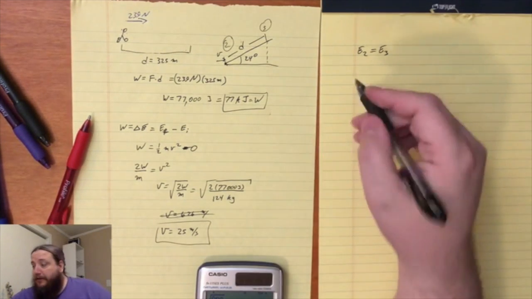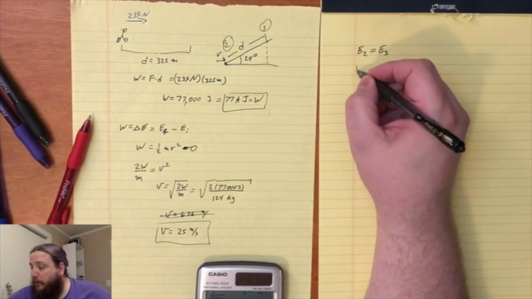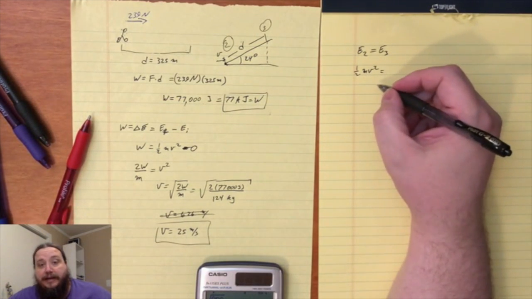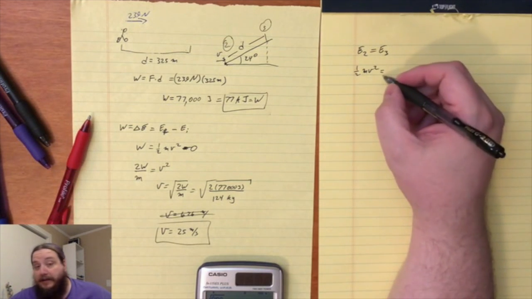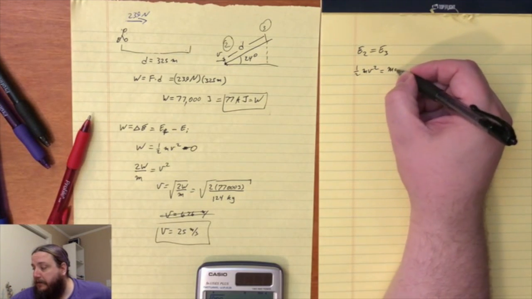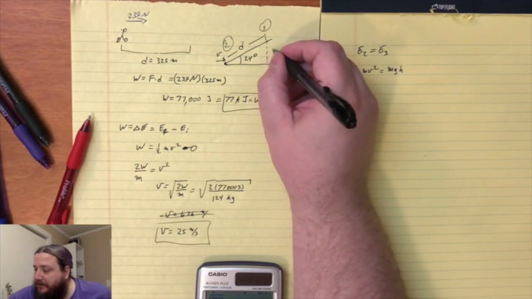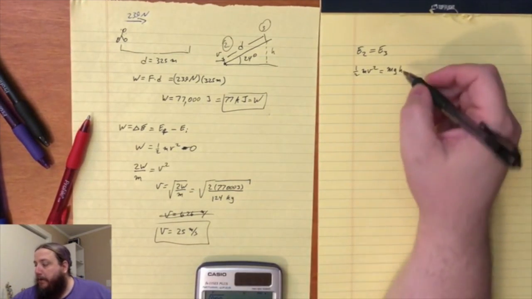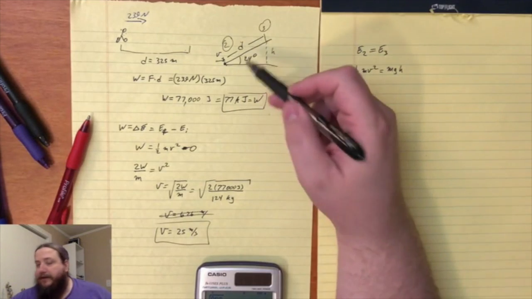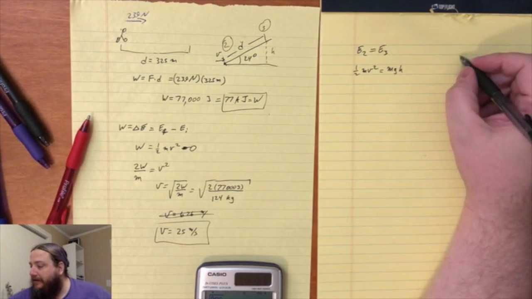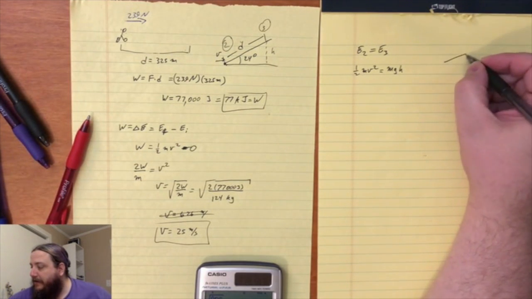At moment 2, the energy is entirely kinetic. That's 1/2 mv squared. And at moment 3, the energy is entirely gravitational potential, mgh, where h is this height above the ground. But we want to know that length d, not the length h. So we have to relate d to h, and we can do that with our angle theta.